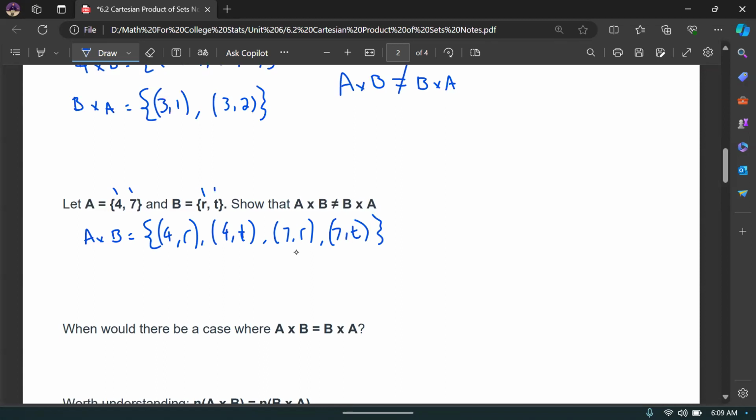Looks good. Now, of course, if we reverse this, we try B times A. You'll see it's not exactly quite the same. B times A, we'd have R with 4. We'd have R with 7. T with 4, and T with 7.